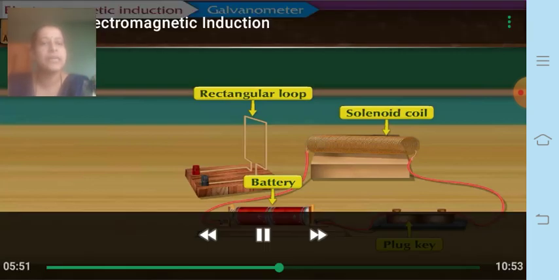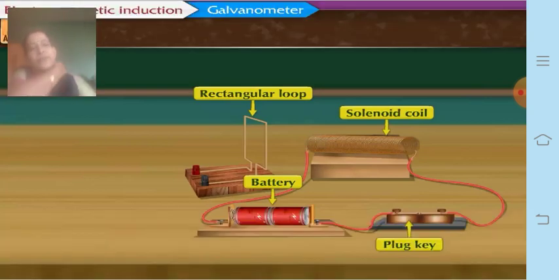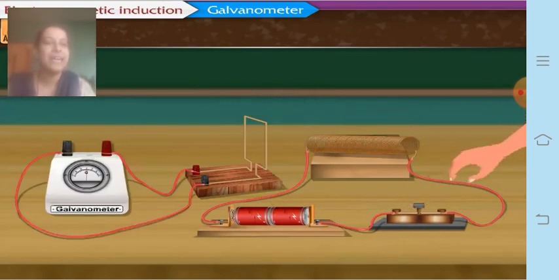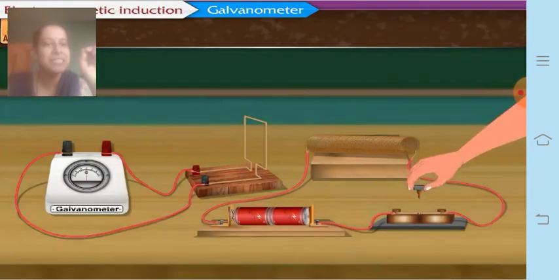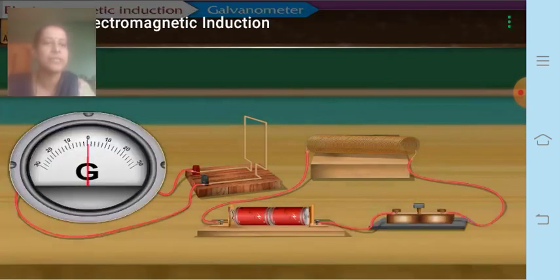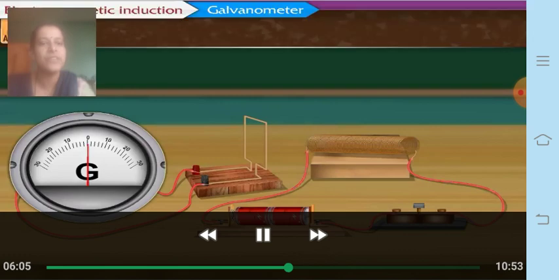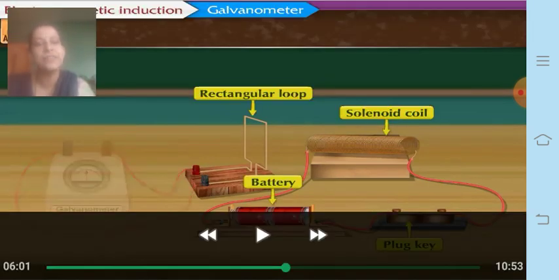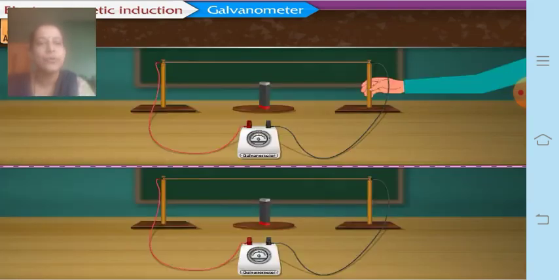Now let us see this rectangular loop. We will connect it to the galvanometer. Now we will see, when the plug key is inserted in the circuit of the solenoid coil, whether current is produced or not. The current will be produced, and it will also produce a magnetic field, and due to the effect of this magnetic field, the current is induced in the other coil.